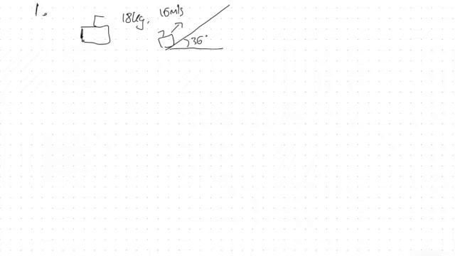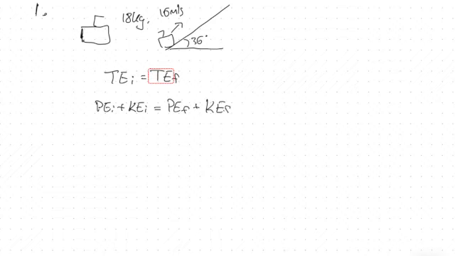So this is an energy test. So the key equation is the total energy initial equals total energy final equation. So there's potential energy initial and kinetic energy initial, and potential energy final and kinetic energy final.